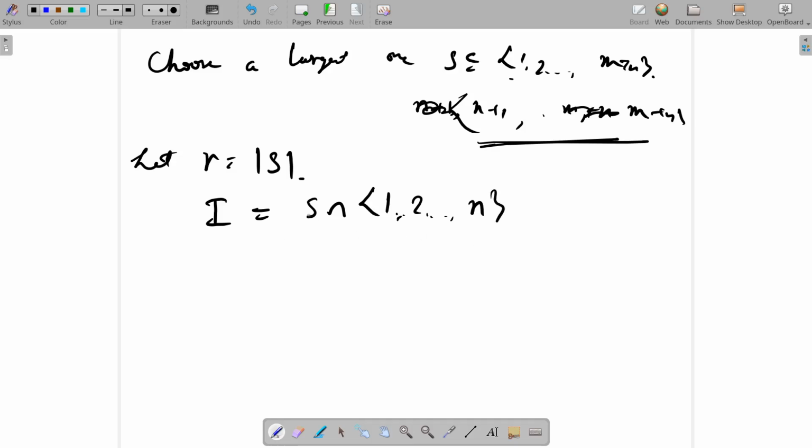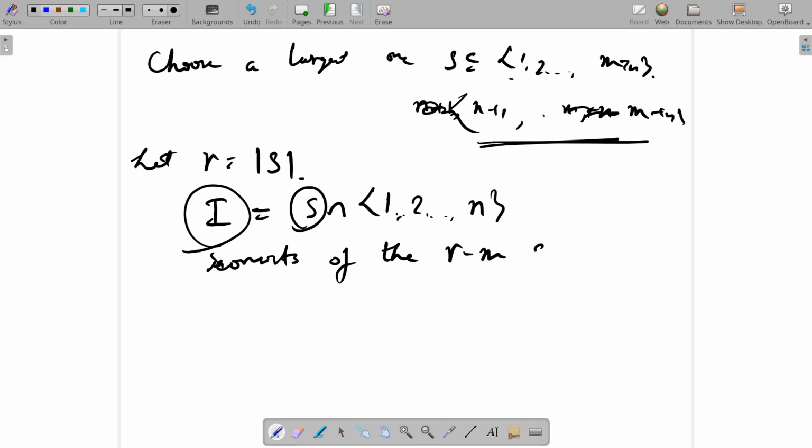So these are just the sign constraints in S. Repeating myself again, S will contain everything from n plus 1 to n plus m, because it contains all the row vectors of A. You are adding certain rows from the sign constraints where equality is achieved, and amongst them you are choosing the largest possible set, and you are denoting by I whatever additional things you have to add to the rows of A. So I consists of the R minus m sign constraints in S. So this is the first step.